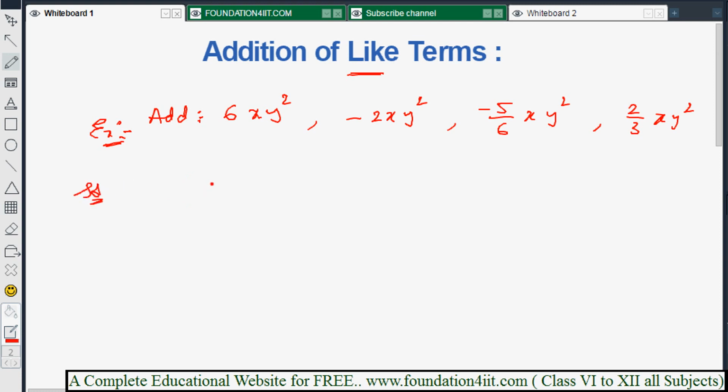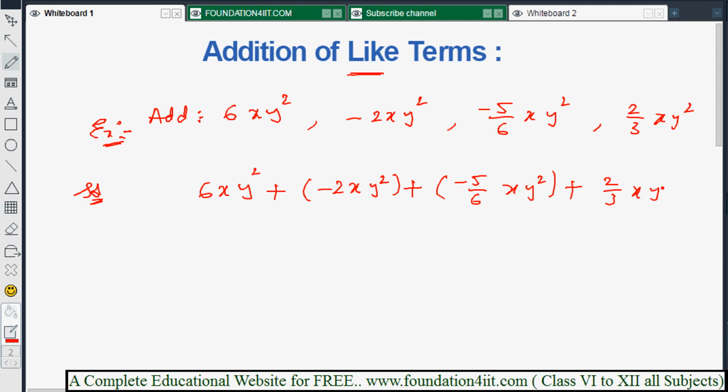We need to add these 4. That is 6xy square plus minus 2xy square plus minus 5 by 6 xy square plus 2 by 3 xy square. Whenever you get a negative sign, just keep the bracket, so understand clearly and do not get confused.